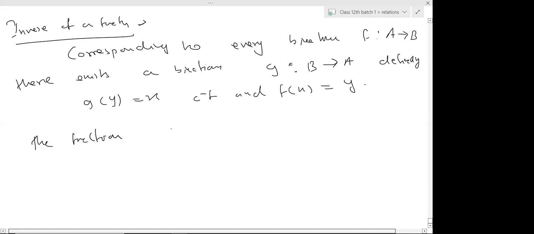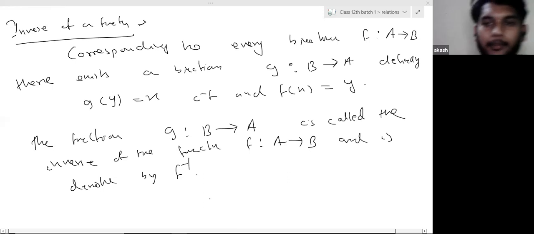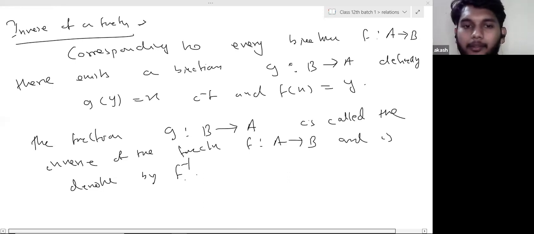The function g from B to A is called the inverse of the function f from A to B and is denoted by f inverse. Note it down, everyone.